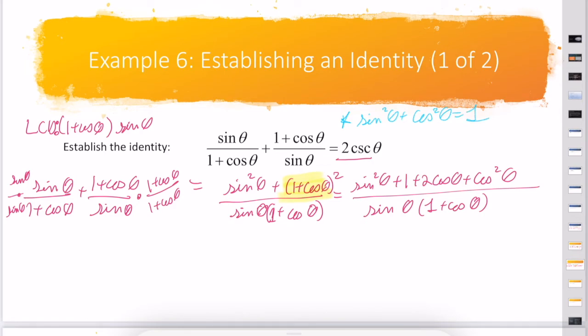So I could replace that with a 1. That would look so much nicer. So now I have 1 plus 1 plus 2 cosine theta over sine of theta times 1 plus cosine theta.